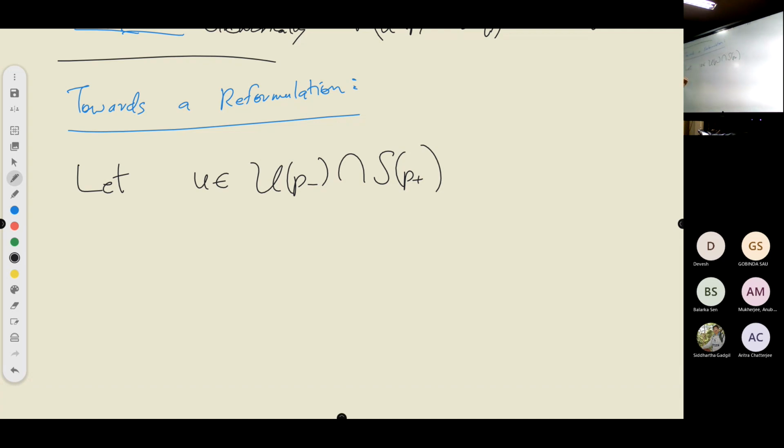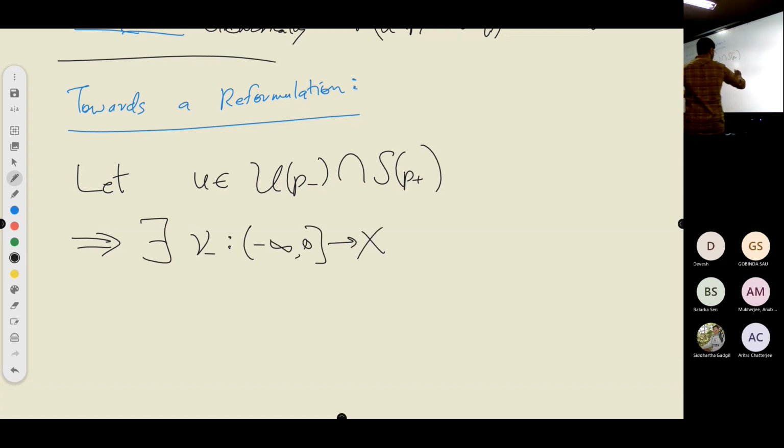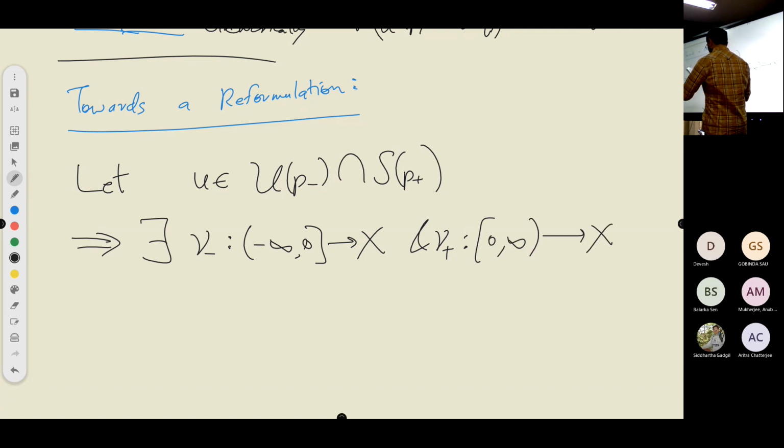But what this tells us is that there exist two trajectories, one gamma minus from minus infinity to 0 into X and another, gamma plus, from 0 to infinity into X, with the following properties.